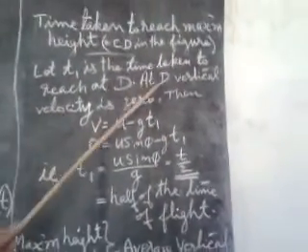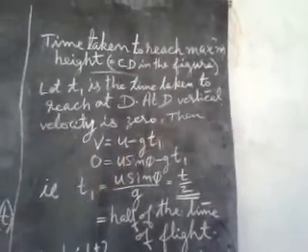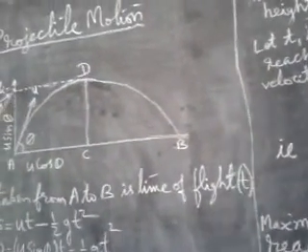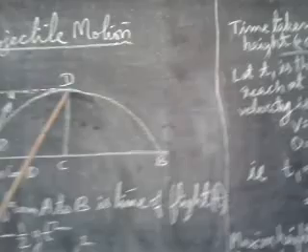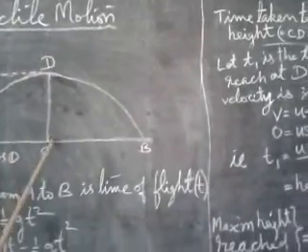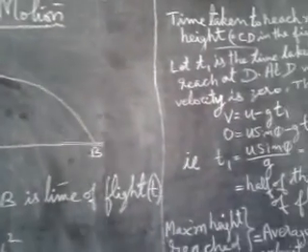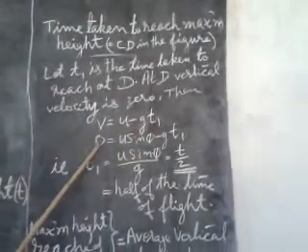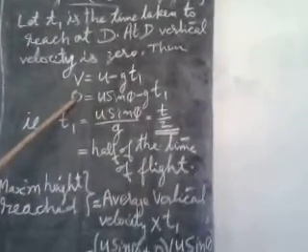Then the vertical velocity is 0 here. At this point the final vertical velocity equals 0, beyond which the projectile doesn't go up. So v equals u minus g t1. Vertical velocity v equals 0 here.